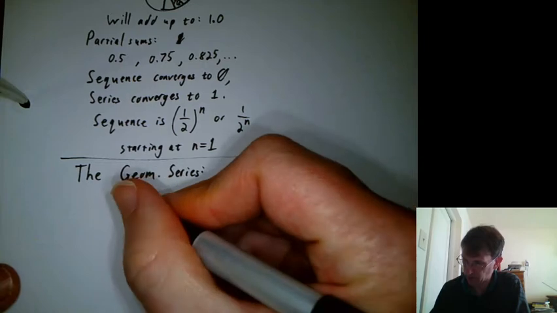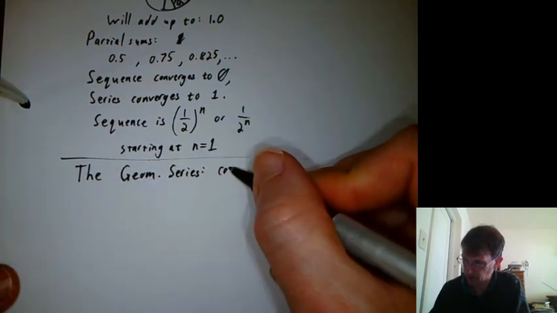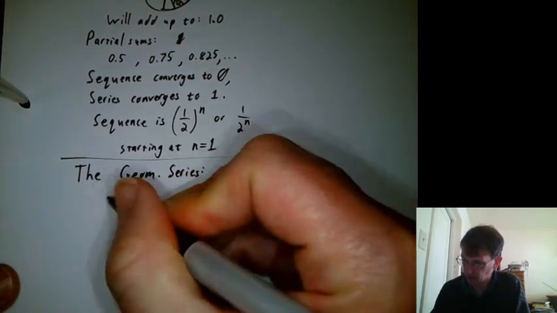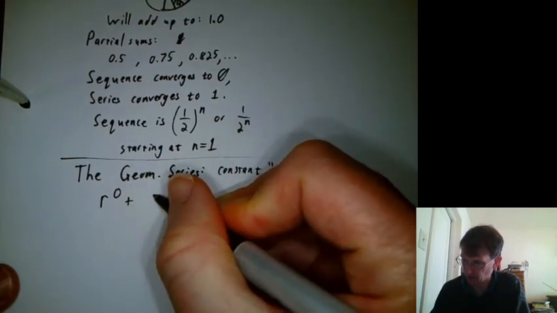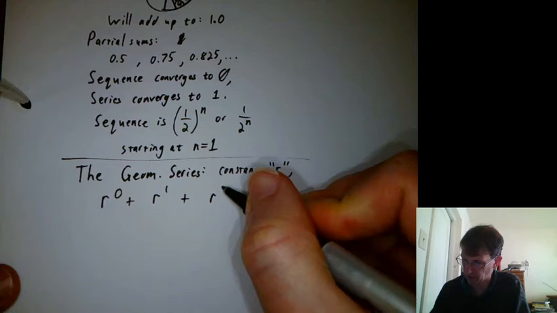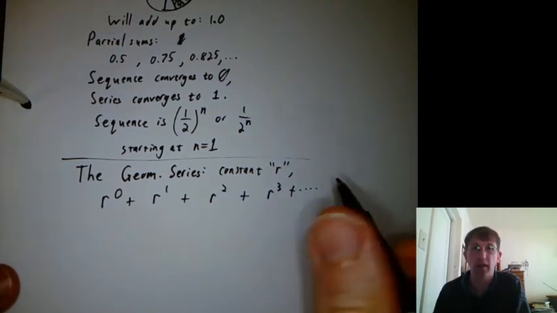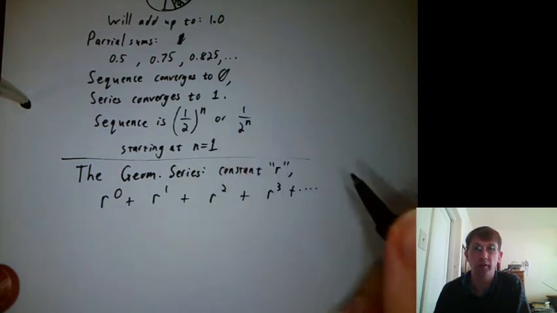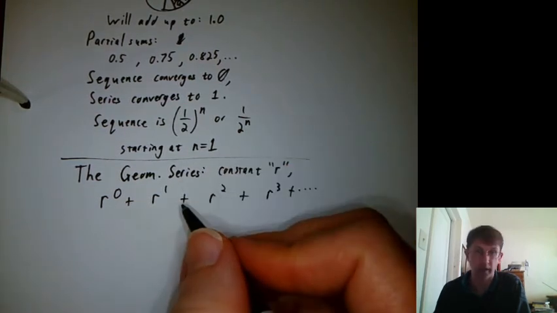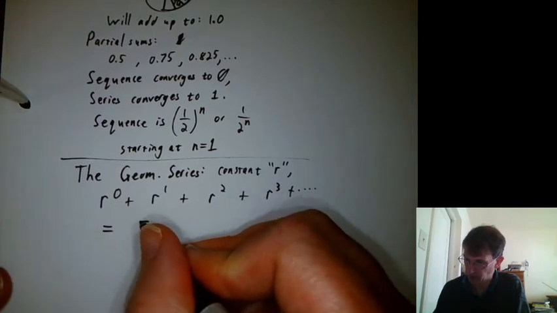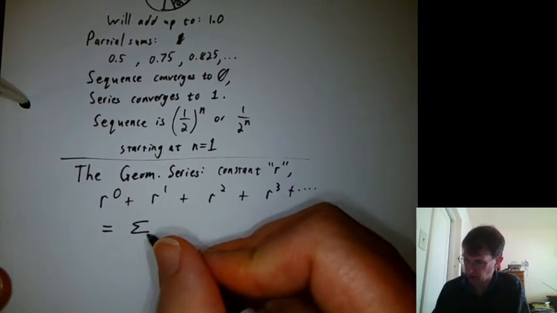So we're going to say, for some constant value r, r to the 0 plus r to the 1 plus r to the 2 plus r to the 3 plus ... So up above here we have r equals a half, but it doesn't always have to be a half. And how would we write this with summation notation?